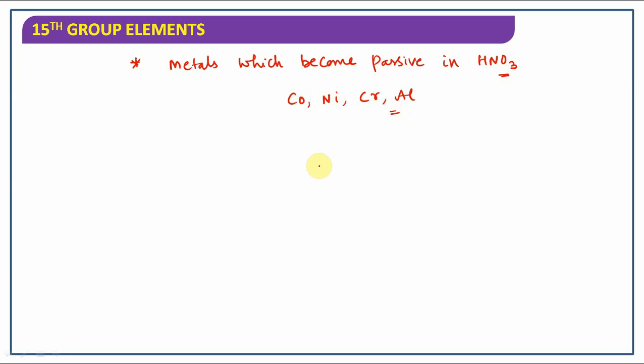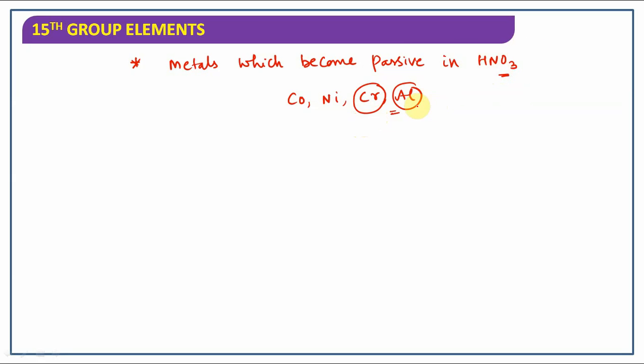They will ask you why chromium and aluminum do not react with concentrated nitric acid. It is because these are metals placed above hydrogen in the electrochemical series, most reactive metals, but they cannot react with concentrated nitric acid because concentrated nitric acid acts as an oxidizing agent.